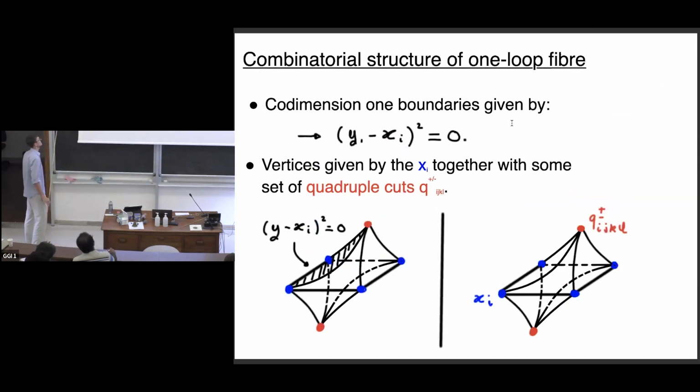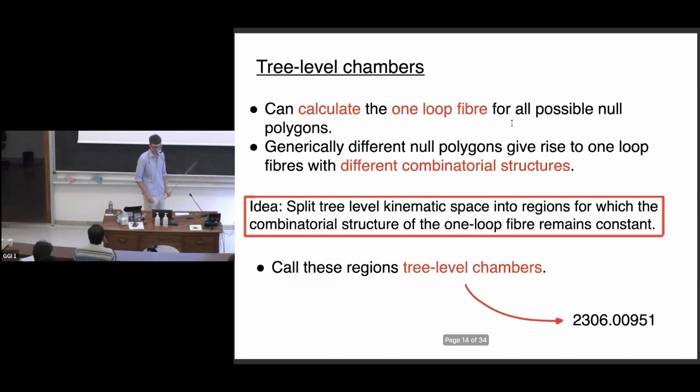So a few more words about this one loop fiber. Its codimension 1 boundaries are given by the conditions of y1 being null separated from one of the vertices of your null polygon. And an important point: the set of vertices of this geometry are given by your xi variables together with some set of quadruple cut points. So it brings me to the first keyword I wanted to get across.